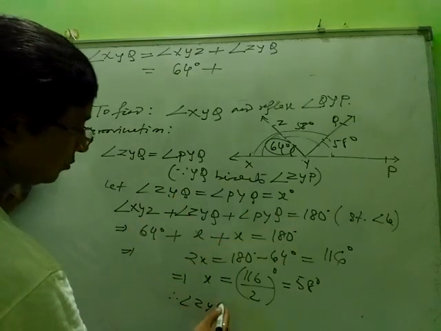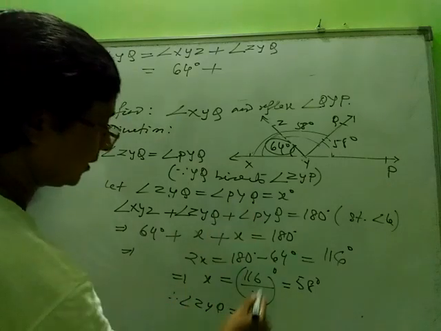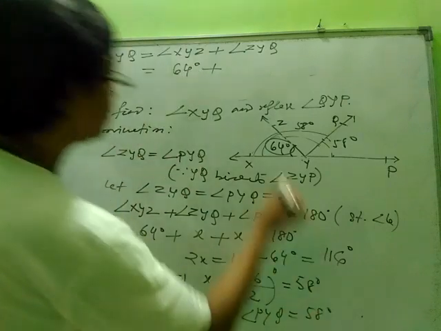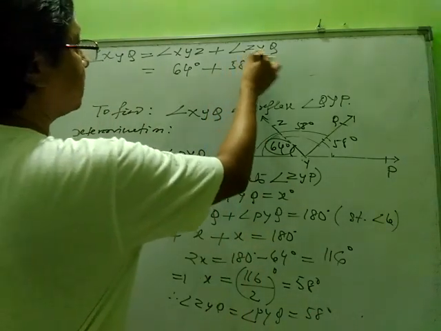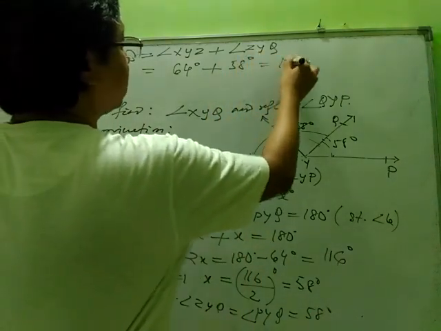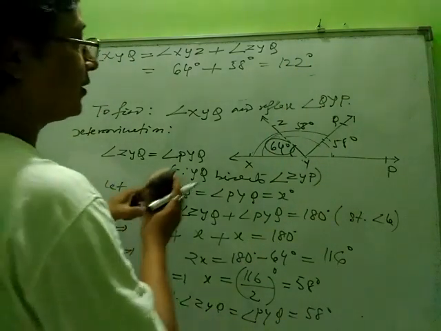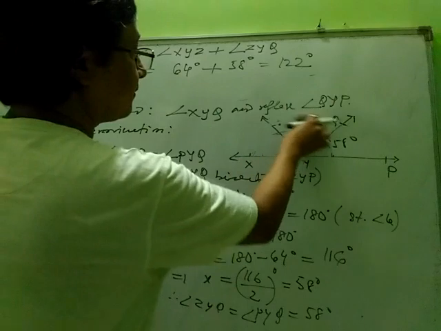Angle ZYQ equals angle PYQ equals x, which is 58. So 64 plus 58 equals 122.